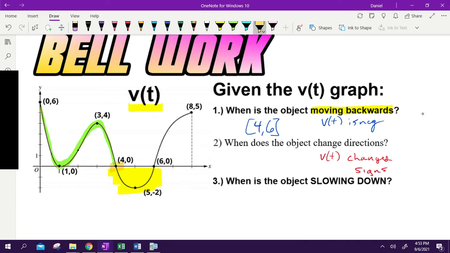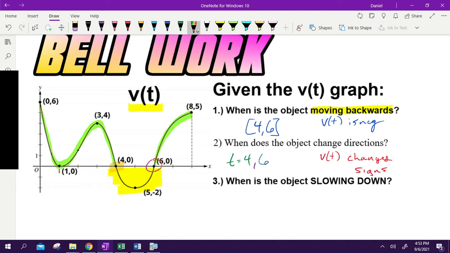Right there, velocity changes from positive to negative. So when t equals 4, it changes direction. Again, its velocity is negative, so we're moving backwards, backwards, backwards, and then moving forward. So right there at 6 would be the other time when velocity changes signs.